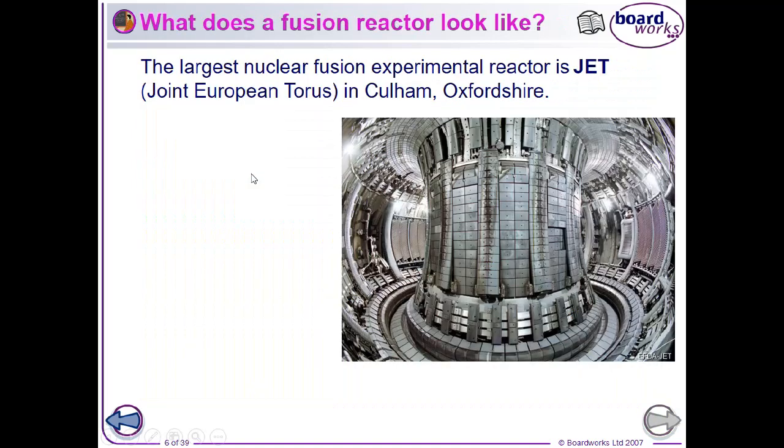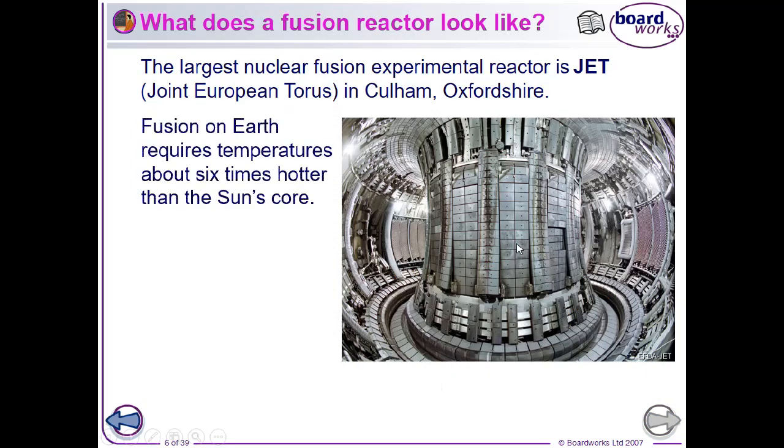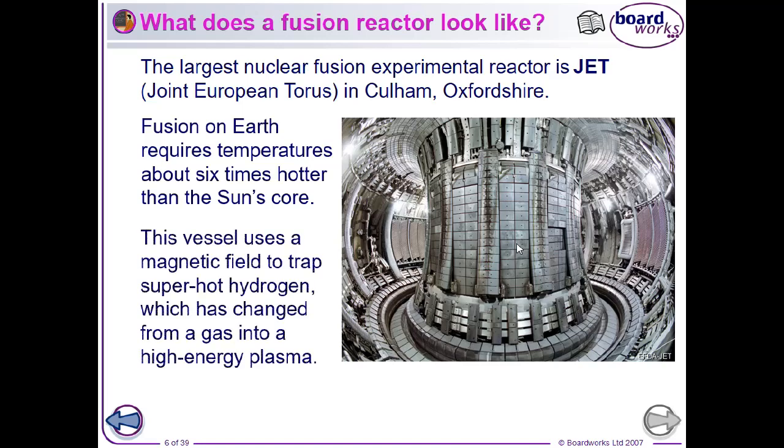This is JET in Oxfordshire in the UK. This is the reactor, which looks a bit like a donut shape. To get fusion to happen here on Earth, because we don't have the gravitational field bringing everything together, we need to get even hotter than the sun, about 6 times hotter than the temperature in the sun's core.